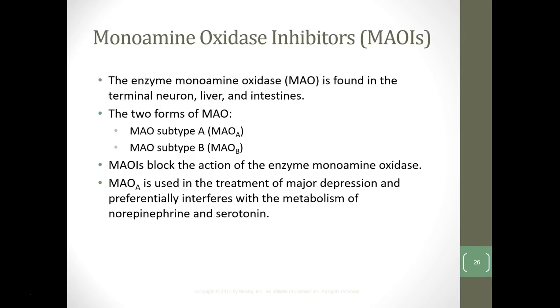The next drugs we're going to talk about are monoamine oxidase inhibitors, which have the abbreviation MAOIs. MAO is the chemical, and this drug blocks that chemical that would break down the monoamines.